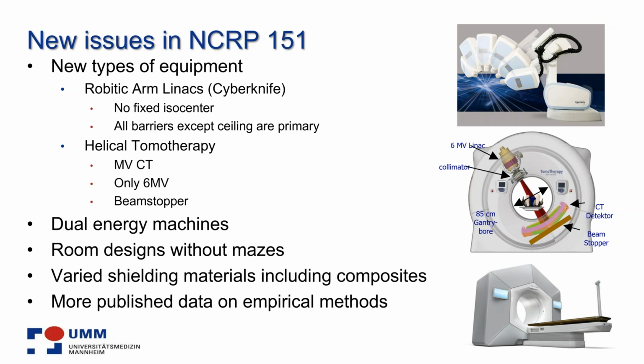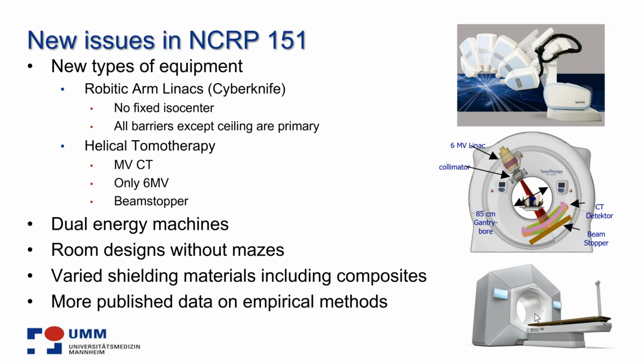The NCRP report has also regulations now for dual energy machines, room design without maces, varied shielding materials, including composites. These are new materials, and there are more published data on empirical methods.